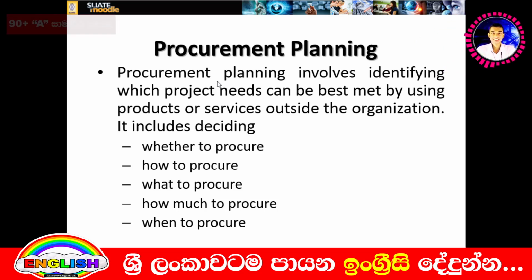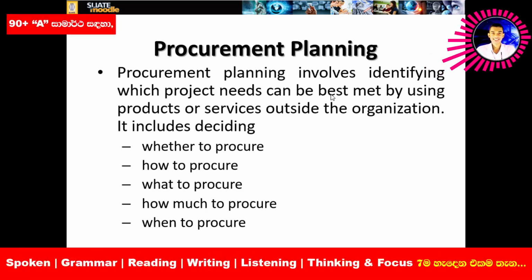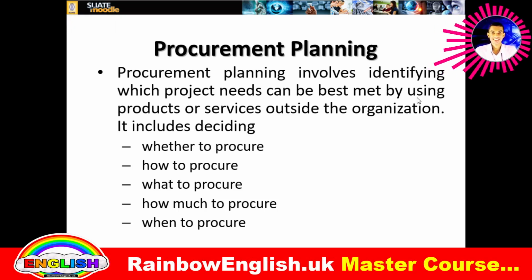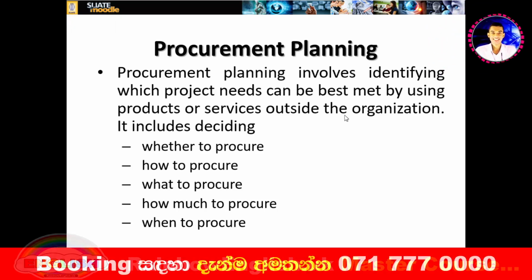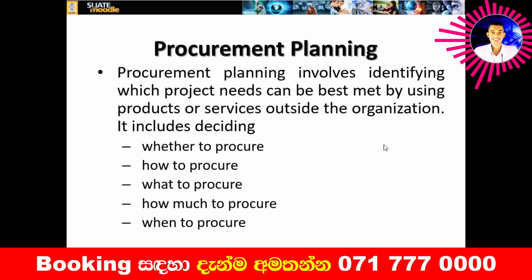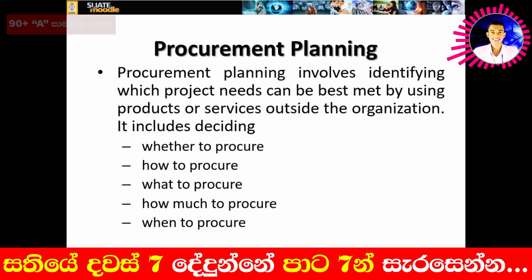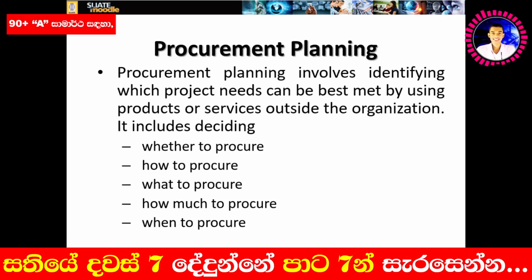Therefore, we will have to identify the project needs, and again we can read it. Identify which project needs can be best met by using products or services outside the organization. For the graphic designing part, we can use a person from outside, or else we can use an outside company to complete our graphic designing part.